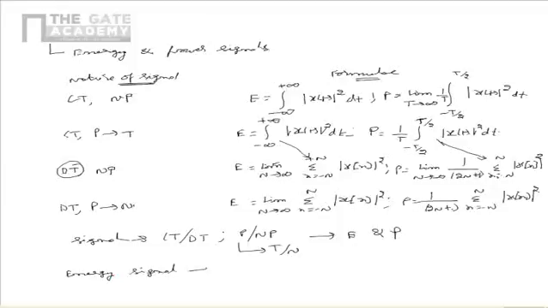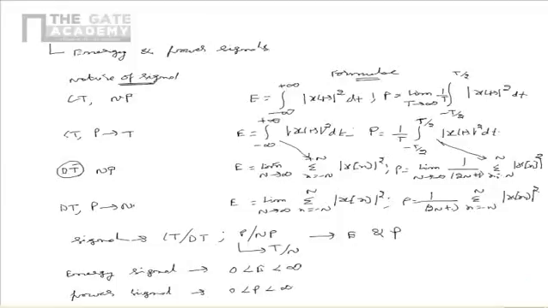A signal is called energy signal if its energy is finite, that is 0 less than E less than infinity. Similarly, a signal is called power signal if its power is finite, that is 0 less than P less than infinity.